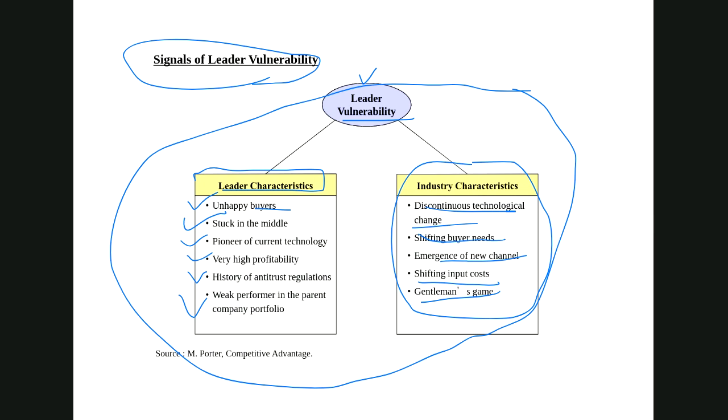if you stop learning and changing, you are at risk quickly, really. So market leaders are always vulnerable. They are always vulnerable. So that is a good sign for the follower or the competitor.